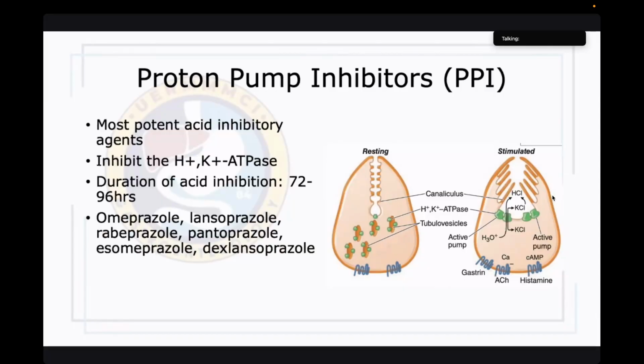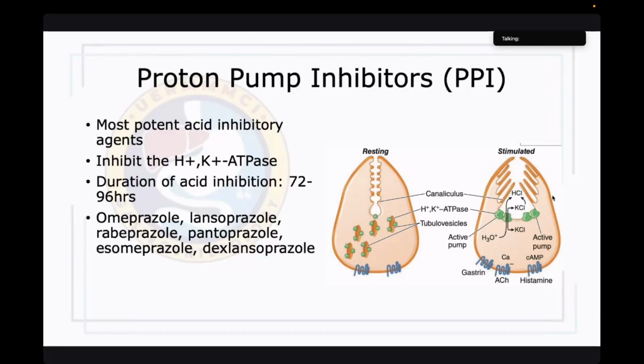Long-lasting because, for one, the duration of acid inhibition lasts 72 to 96 hours. And second, even if we give it for months or years, there's no problem regarding tolerance to the drug. The onset of action of PPIs is a bit slower than antacids, with a maximum acid inhibitory effect between 2 and 6 hours after administration.